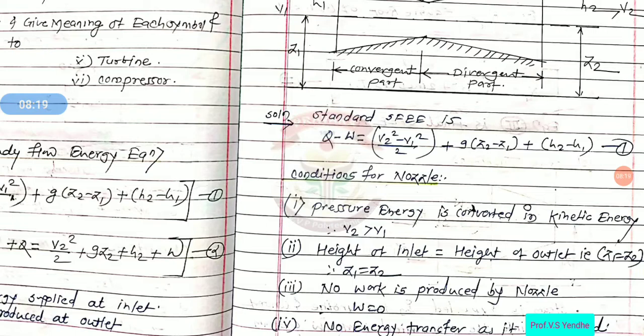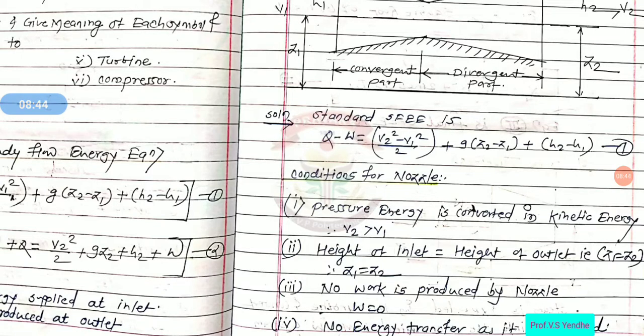If the formula of kinetic energy is 1/2 mv square, then obviously V2 is greater than V1. If kinetic energy 2 is greater than kinetic energy 1, then we can conclude that V2 is greater than V1.